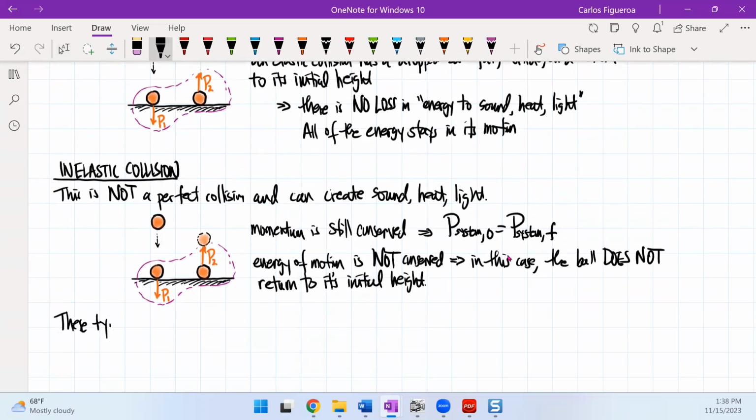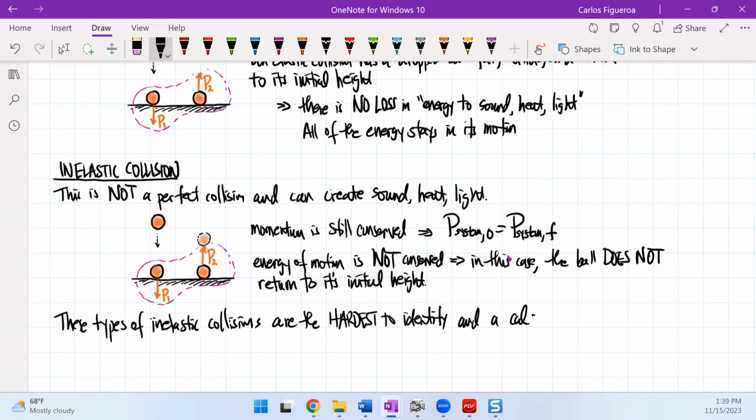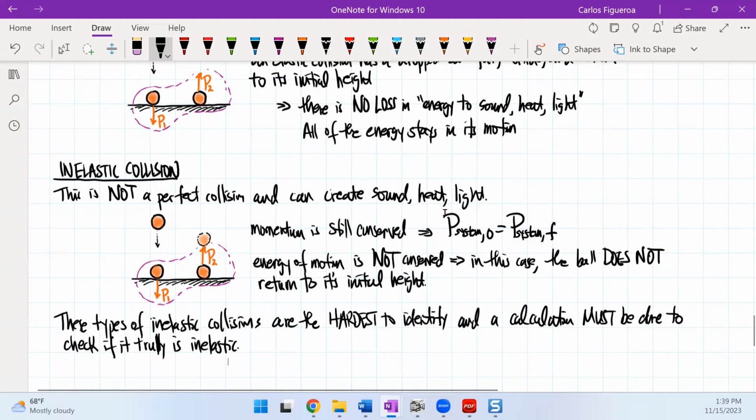These types of collisions, let me be careful, of inelastic are the hardest to identify, and a calculation must be done to check if it truly is inelastic. You can't eye it and just say that.